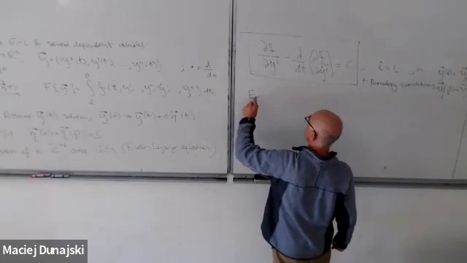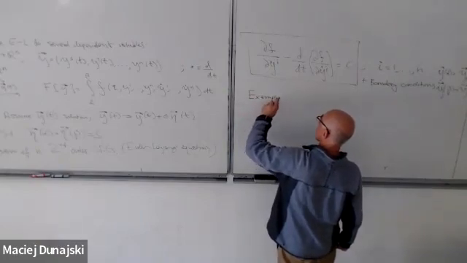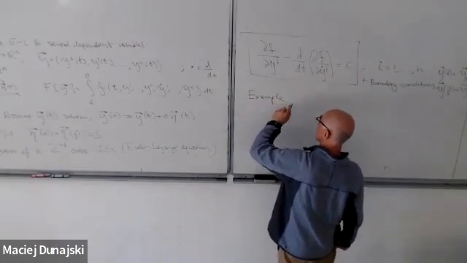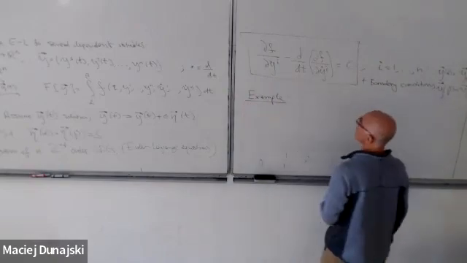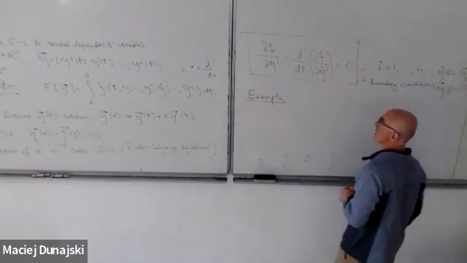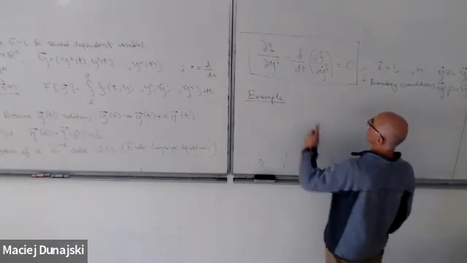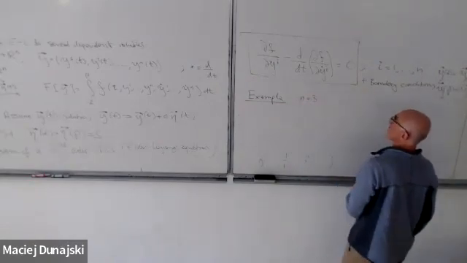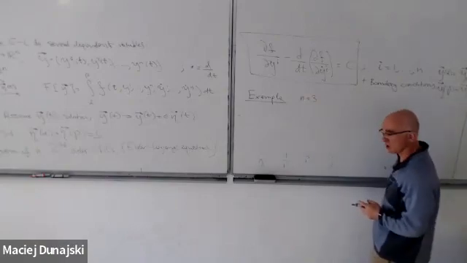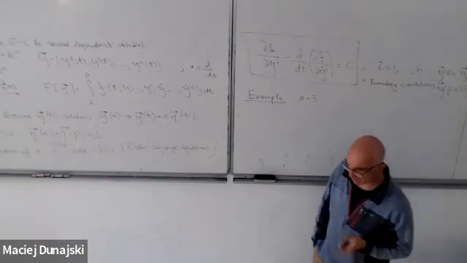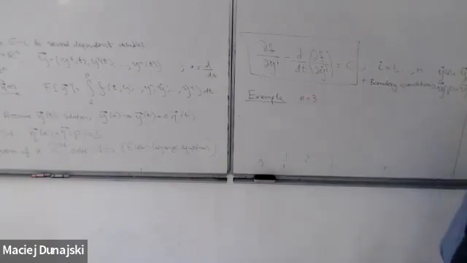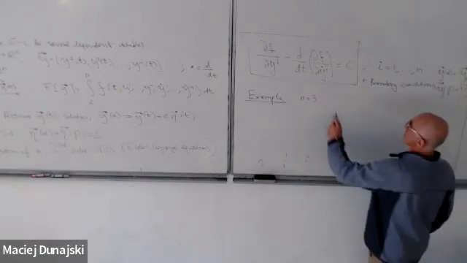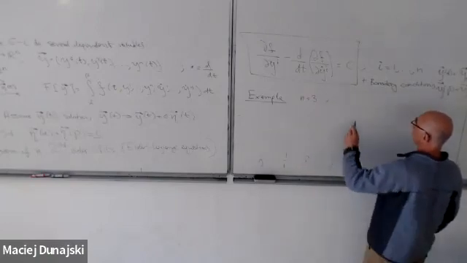So, an example from physics. I'm going to take n equals 3. So we now have a curve in 3 dimensions. And I'm going to take a special form of f.